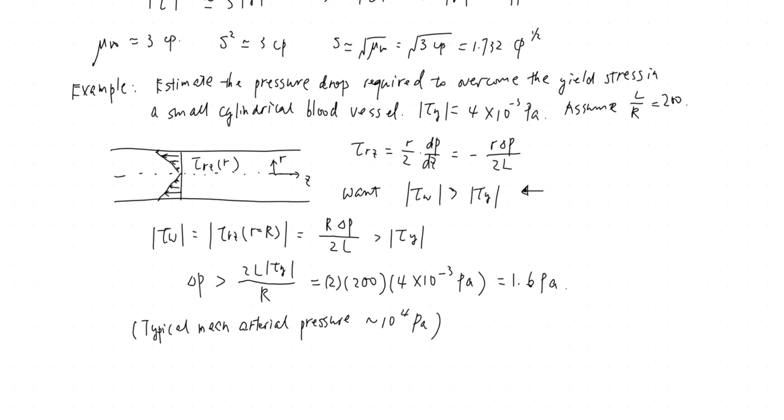So indeed, the pressure drop across a vessel required to generate blood flow is very small compared to the pressure of the blood itself. Okay, that's all I would like to talk about for today's lecture.